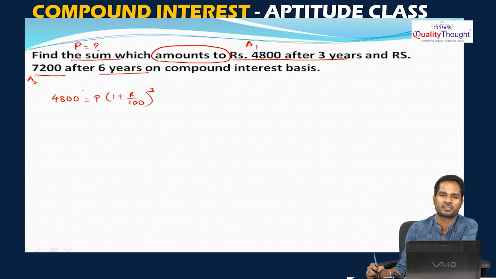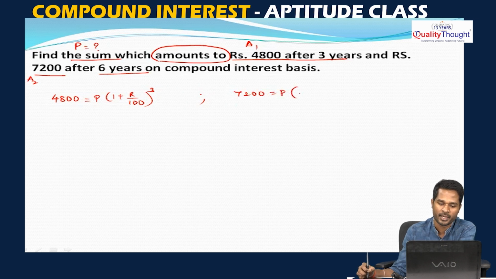And this is for 3 years. Now I will write it for 6 years. In 6 years the total amount has become 7,200, equal to, the principal amount won't change here, it is P into (1 plus R by 100) whole power 6.